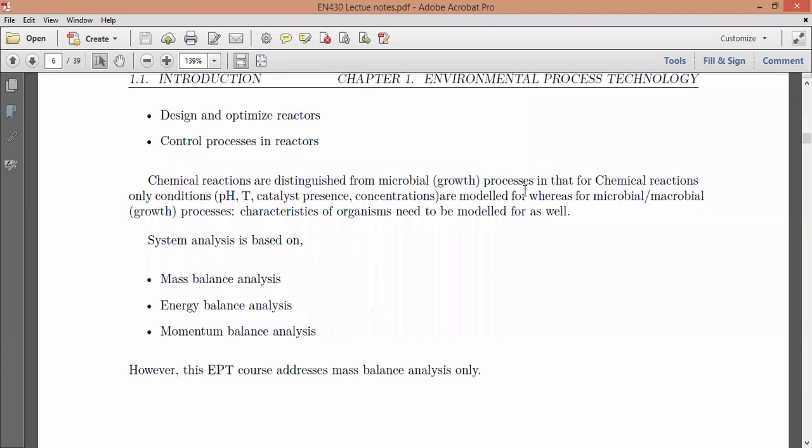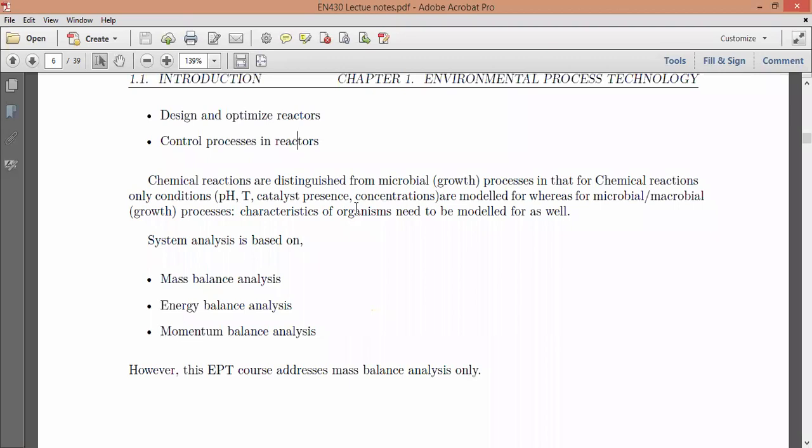We can distinguish chemical reactions from the microbial ones in that for chemical reactions, only conditions such as pH, temperature, catalyst presence, and concentrations are modeled for. Whereas in microbial or macrobial growth processes, characteristics of organisms need to be modeled for as well. Okay, so they're a bit complex.